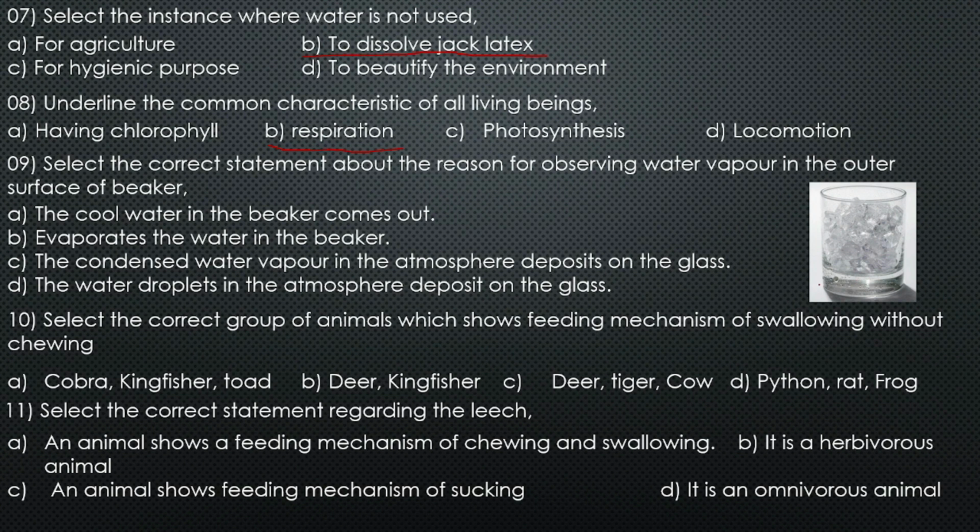That water vapor in the atmosphere can get condensed and deposit on the glass because of the cool environment. The answer is letter C, the condensed water vapor in the atmosphere deposits on the glass.